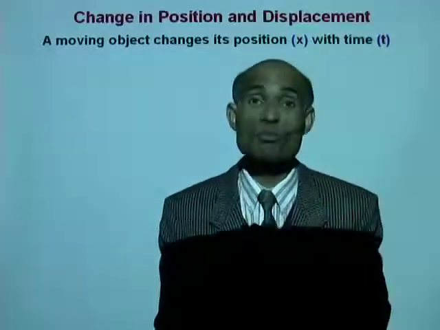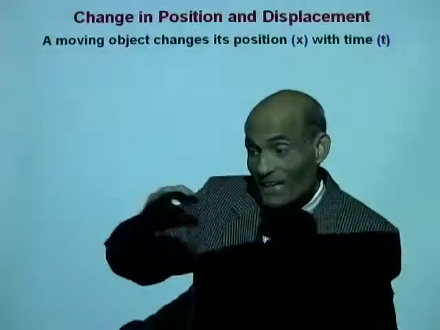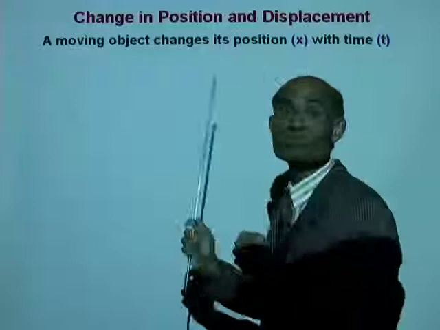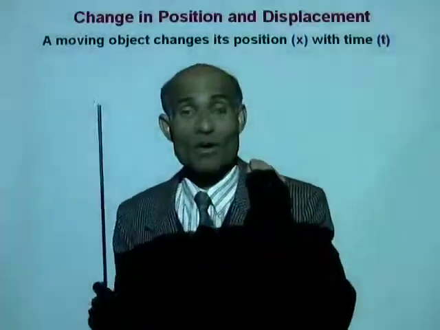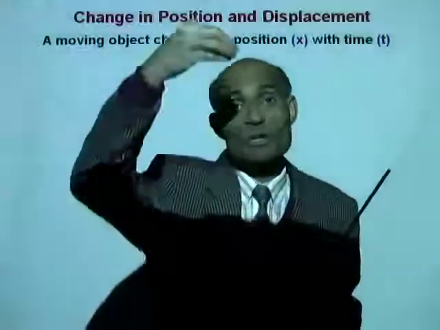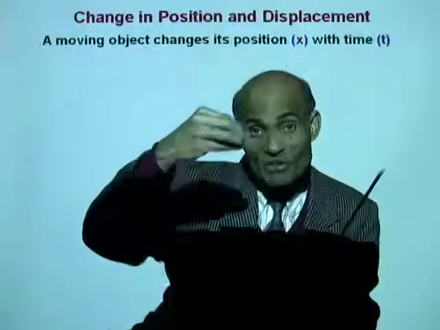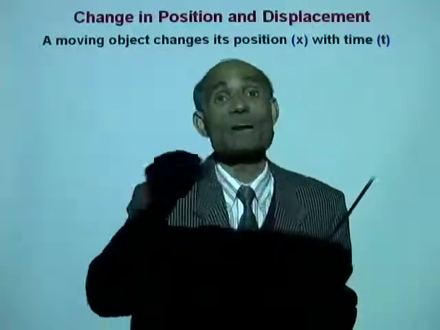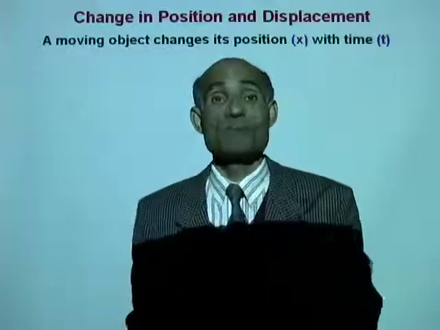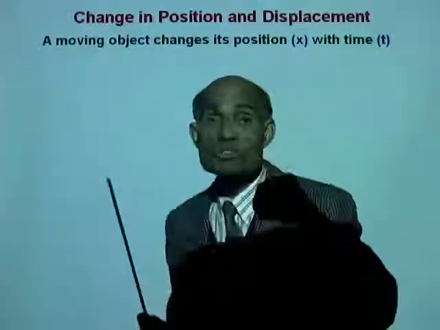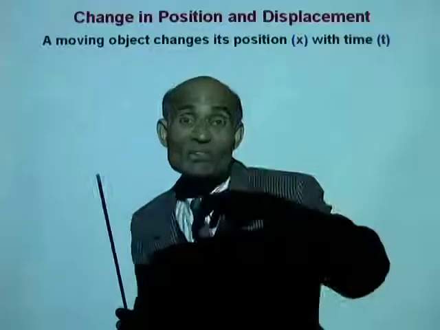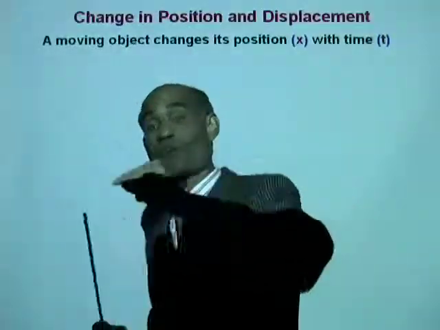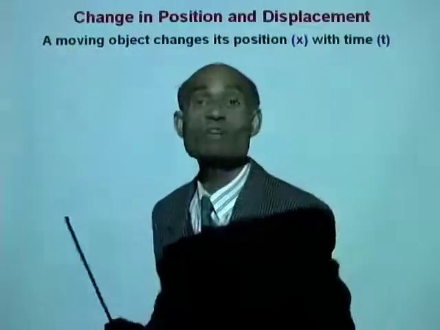Very often we consider motion in the x direction, so we will represent the position of an object using x. On the other hand, if you consider objects moving in the y direction, then we will replace x by y. That means when you represent the position of an object, x can be replaced by y depending on if it is moving horizontally or vertically.